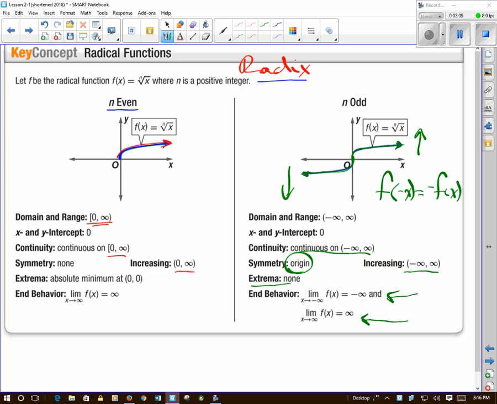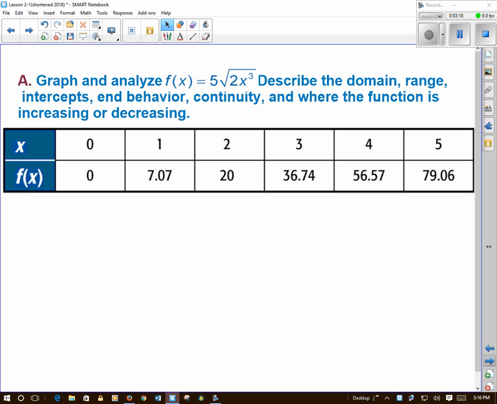So we're going to look at some variations on that as we determine all these properties of some different radical functions. We want to graph and analyze f(x) = 5 times the square root of 2x cubed.